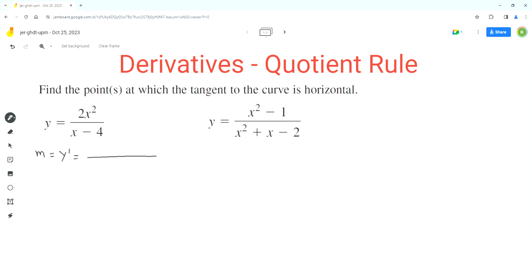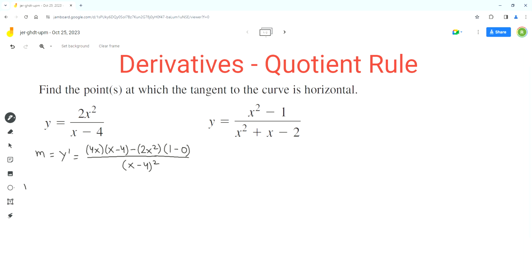We start with the derivative of the numerator, which is 4x, times the denominator, which is x minus 4, minus the numerator expression, 2x squared, times the derivative of the denominator, which is just 1 minus 0. 4 is a constant, so that's why its derivative is equal to 0, over the square of the denominator.